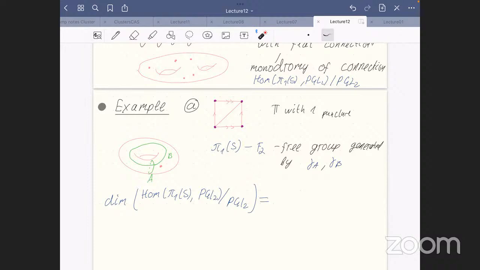Yes, but this is a torus with a puncture. Sorry, if it is a free group, then the second can be anything. Okay. I think then it is like 2 plus 3, so 5. Too much.